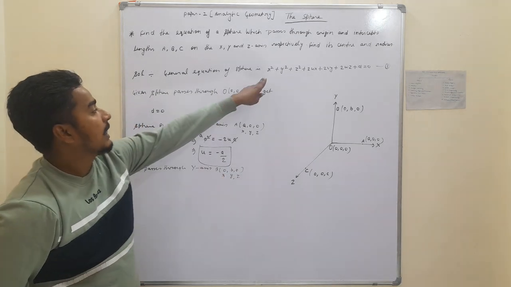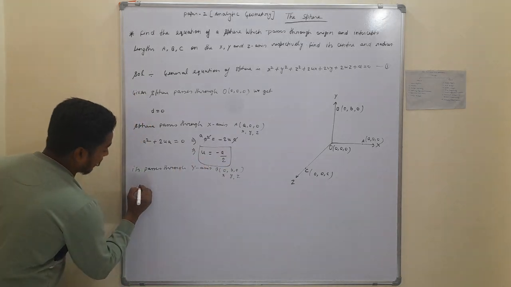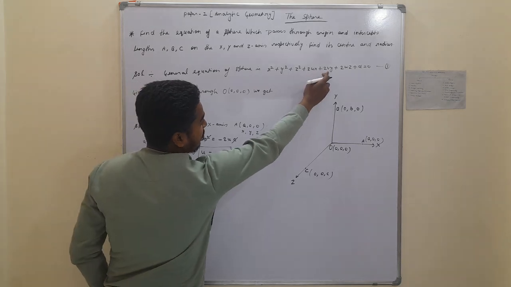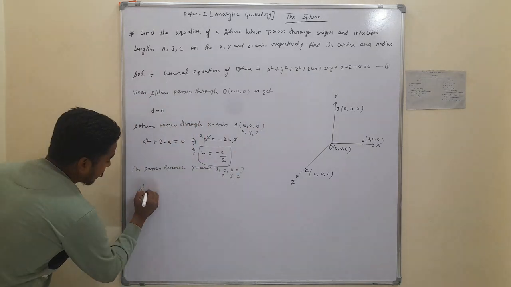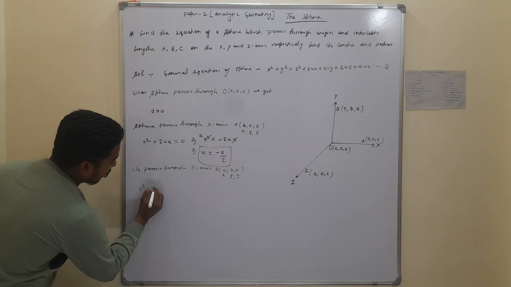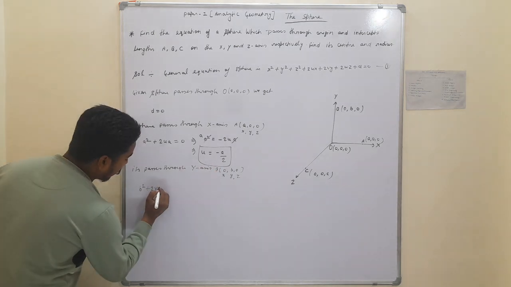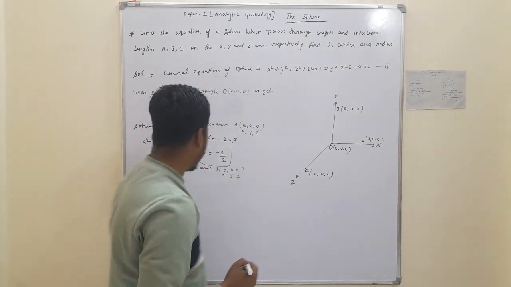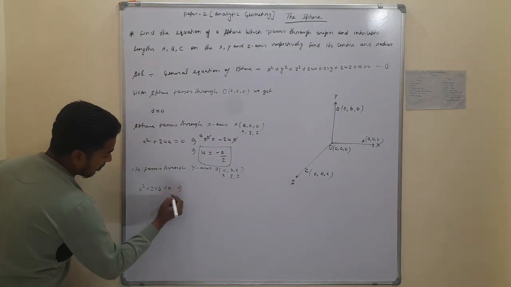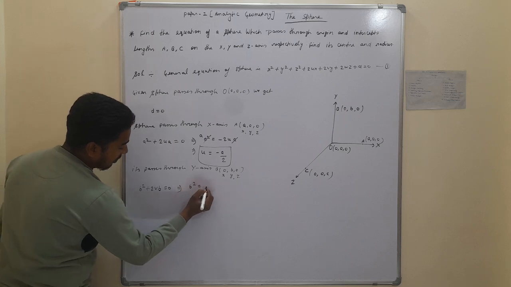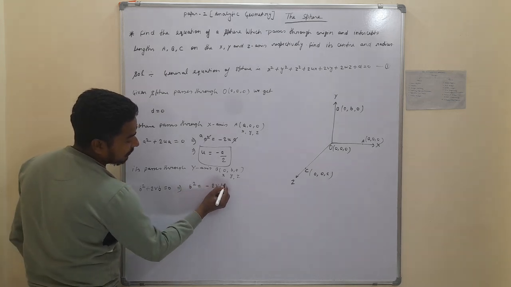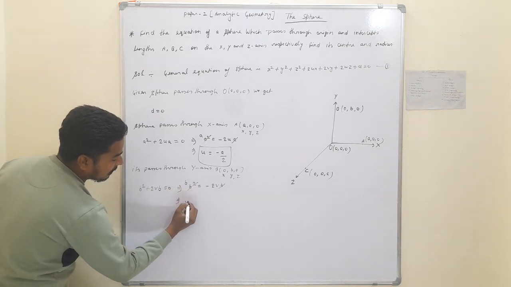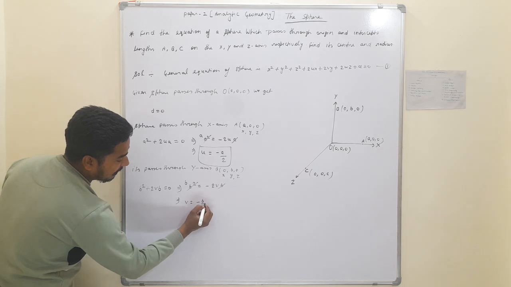Putting this in, we get b square plus 2vb is equal to 0, with 2ux, 2wz and d all 0. From here b square is equal to minus 2vb, and cancelling b, we get v is equal to minus b by 2.